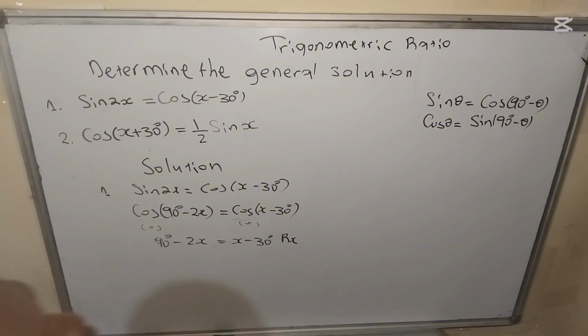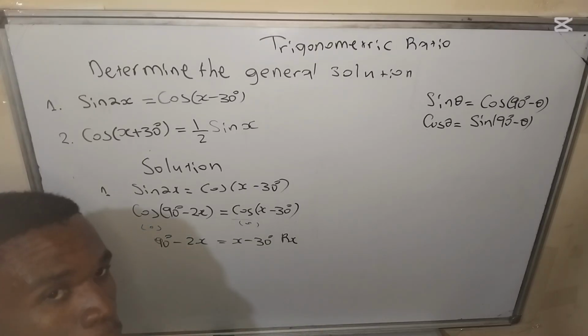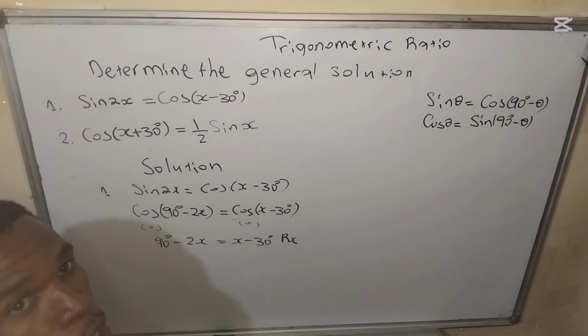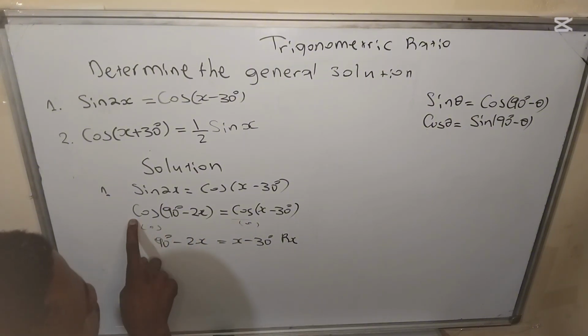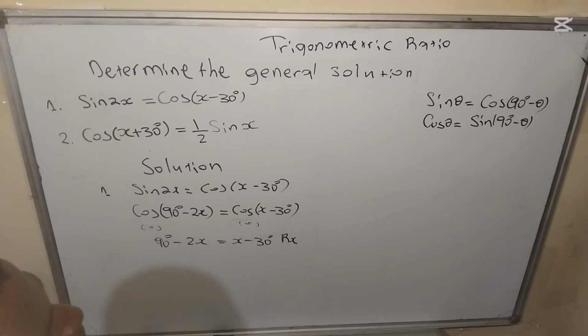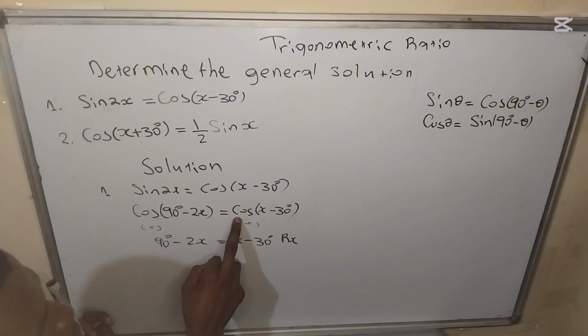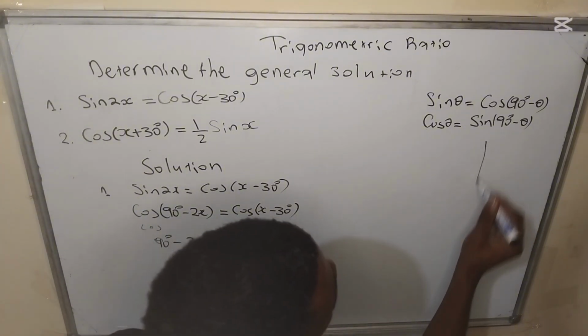Let's now choose the suitable reduction formulas that allow us to find the solutions for this equation. We have cos and also cos on both sides, meaning we have to focus on the quadrants where cos is positive, because we have positive cos and positive cos. So let's draw our Cartesian plane.